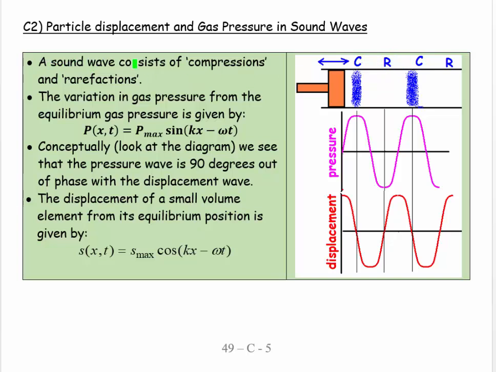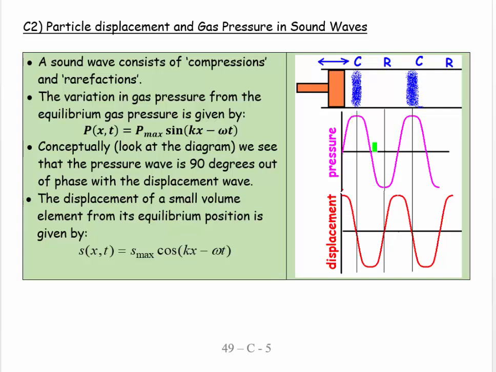And we can say a sound wave consists of compressions and rarefactions, and then the variation of gas pressure from the equilibrium gas pressure is given by, and the way I've drawn it, the pressure goes from equilibrium to the top, that's where the compression is, and then to the bottom, that's where the rarefaction is, and then to the top again, where the compression is.